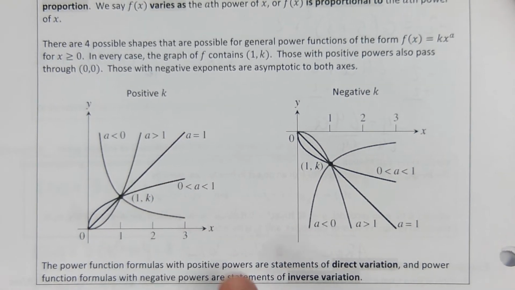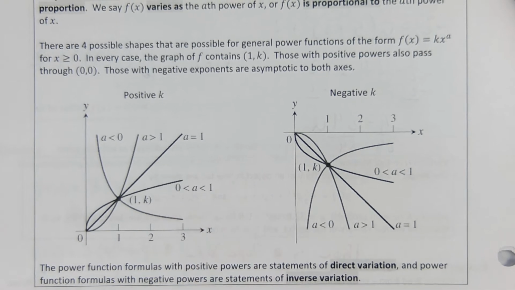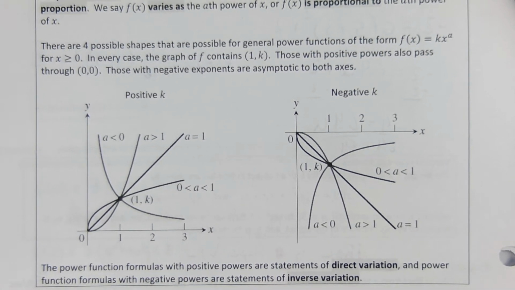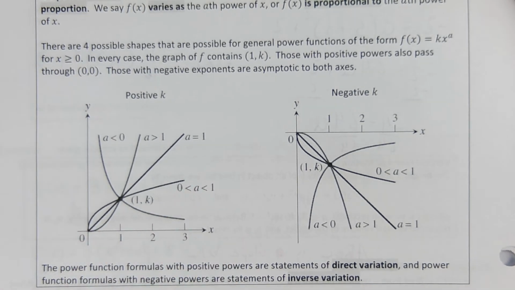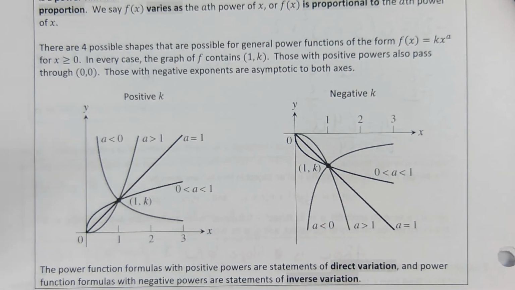But the tricky one, at least in my mind, is this one. That's if you're dealing with a fractional power between 0 and 1. Then you're going to get things like the 1/2 power, the 1/3 power, the 1/4 power, root types. And that's why they look kind of like a square root graph. Those are your 4 basic shapes. And then, like I said, these 4 are the exact same thing, just reflected over the x-axis.